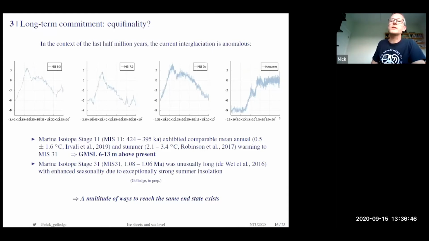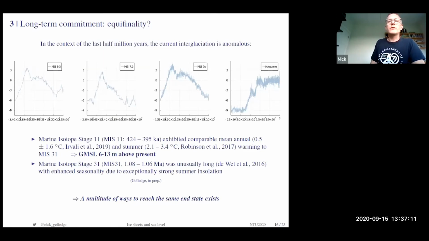When we go back to interglacials even earlier in the Pleistocene, we see similar kind of mass loss to the last interglacial, 6, maybe 13 meters of sea level equivalent. And this is not always because the climate was a lot hotter. Sometimes it was just because it was a little bit warmer, but for much longer.